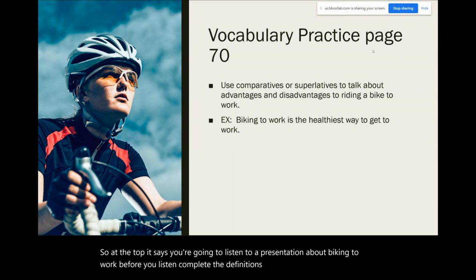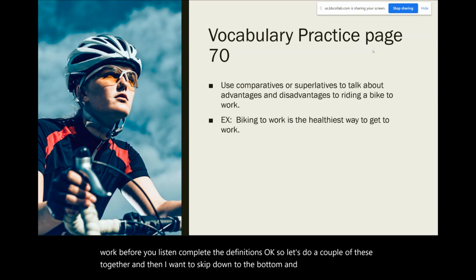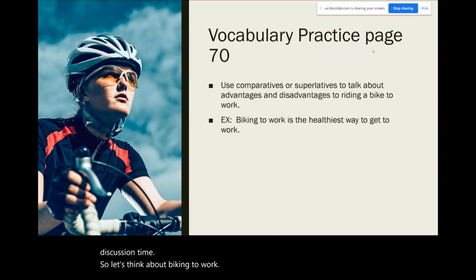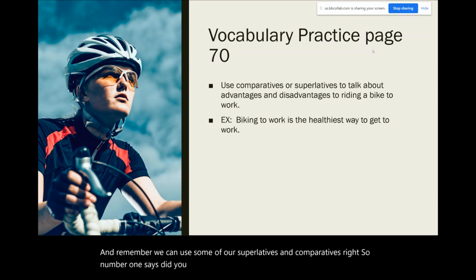Okay, so let's do a couple of these together, and then I want to skip down to the bottom and do a little discussion time. So let's think about biking to work. And remember, we can use some of our superlatives and comparatives, right? So number 1 says, did you injure your knee when you fell off your bike? So what does injure mean?